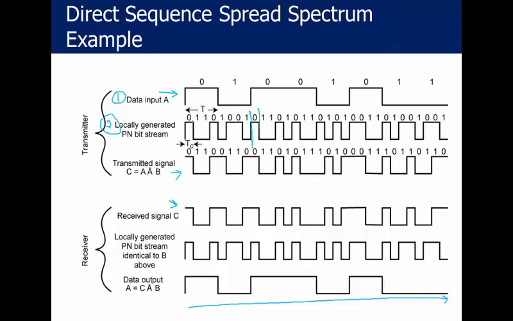From my observation, this is a chip set. This is my carrier. This is a random-number-generated bit stream: 0, 1, 1, 0, 1, 0, 0, 1. Again here 0, 1, 1, 0, 1. It's not really the same, but anyway, I think it is longer than that. It repeats.